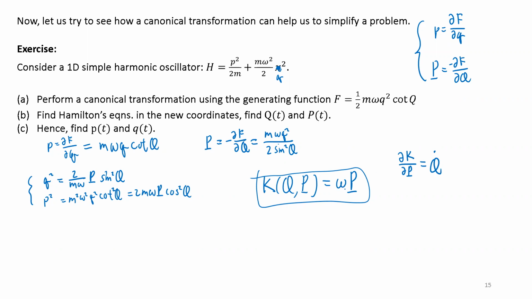It is just omega, a constant. So the equations of motion in the transformed coordinates are very easy to solve. Q dot equals omega, so Q equals omega t plus some constant, which I will call beta.